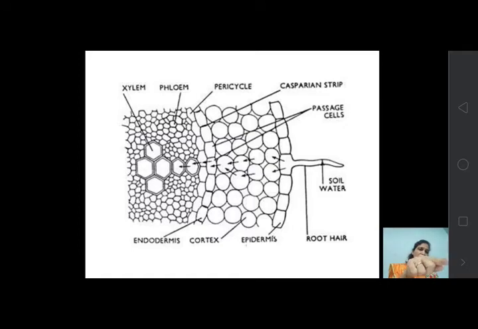So this endodermis, you see the endodermal region, is present against the protoxylem. This water comes to the endodermal passage cells, and these passage cells then transfer that water to the pericycle cell, and this pericycle cell then transfers it to the protoxylem region, and hence the water moves to the xylem and reaches the xylem tissue.